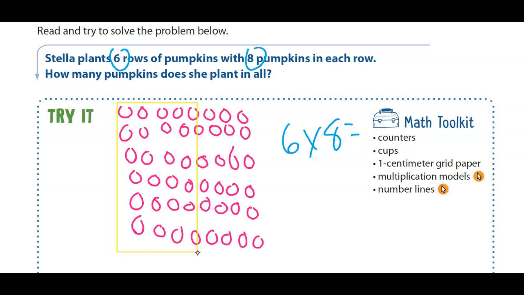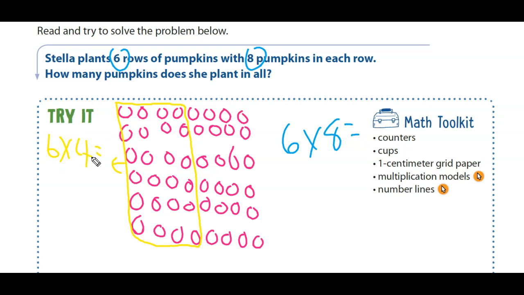I'm going to break it apart here. That's one array, right? So what would be my multiplication sentence for this? 6 times 4. Yeah, I still have 6 rows. With how many in each row now? 4.